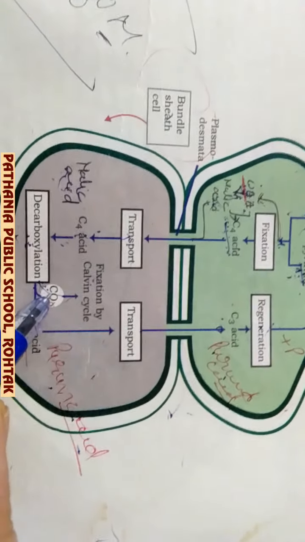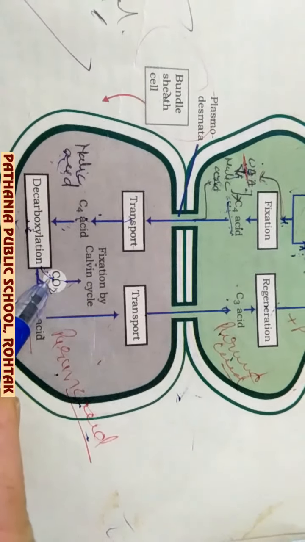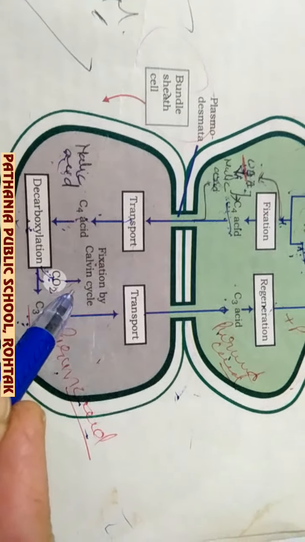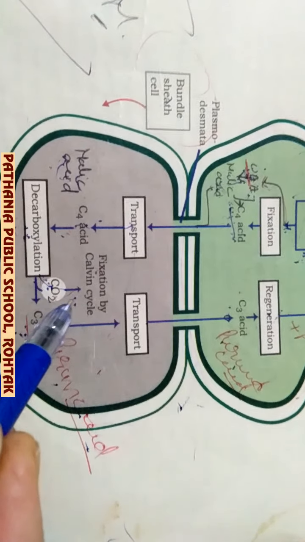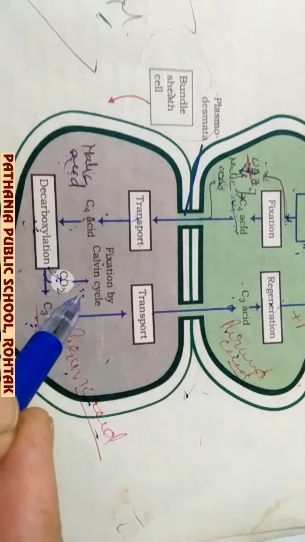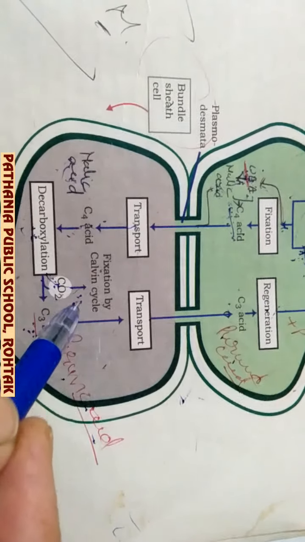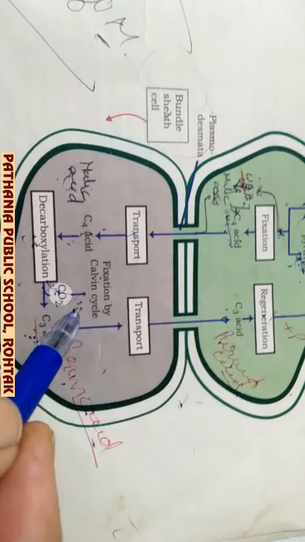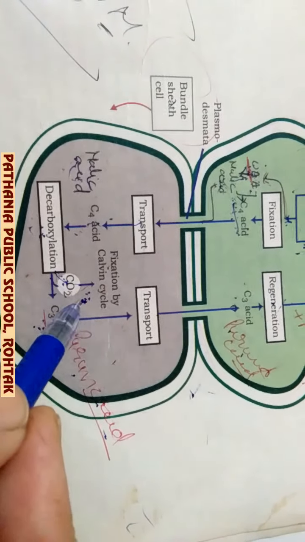So the most important point is this. The carbon dioxide is released in the bundle sheath cell, and RuBP is also present in the bundle sheath cell. So in the C4 cycle, the Calvin cycle will operate in the bundle sheath cells only, and glucose will be formed in the bundle sheath cell only.